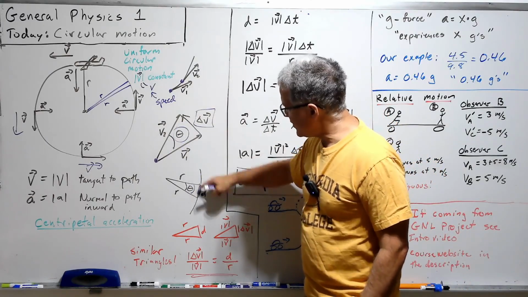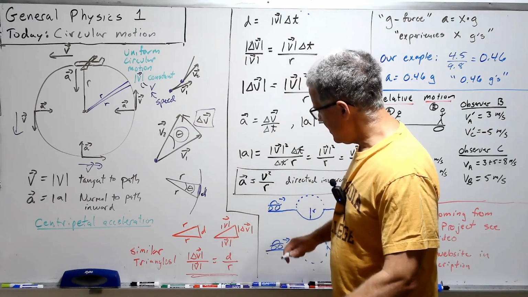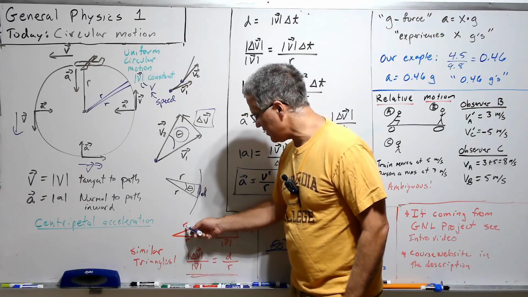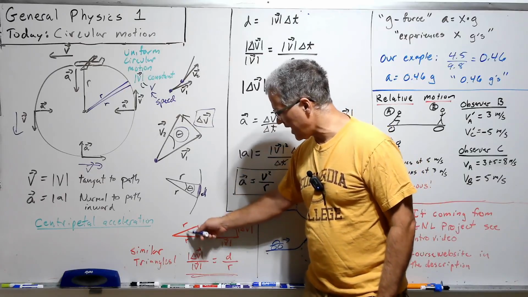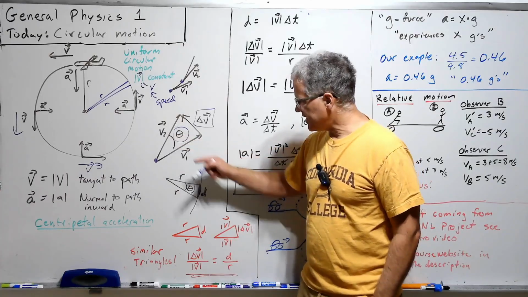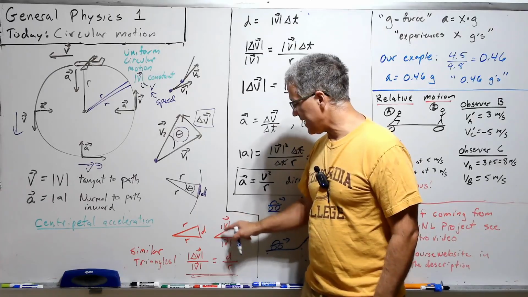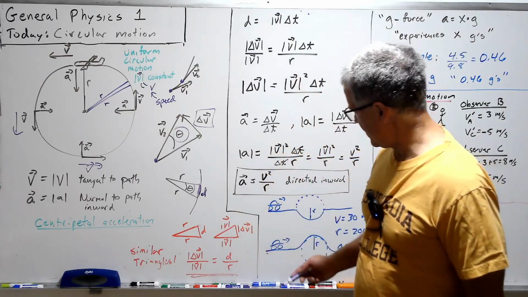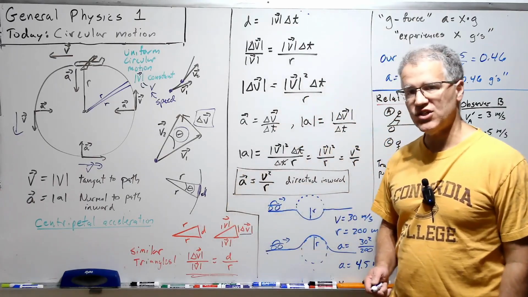And so if we compare these two triangles, we have similar triangles. They have the same angle, and two sides are equal, not to each other, but we have two equal sides, r and r. And here, what are the lengths of the sides? The lengths of these sides are just the magnitude of the vector, or the speed, and then this is the magnitude of the change in the vector.